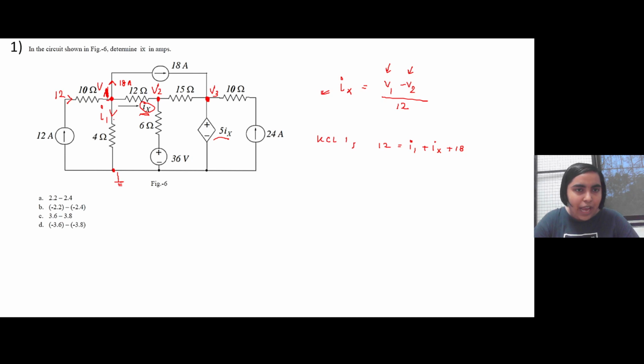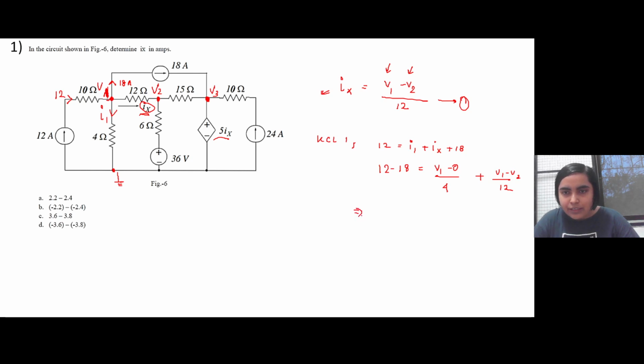So I1 will be V1 minus 0 by 4. So 12 minus 18, let's bring the 18 this side. And what will be Ix? We already have it here. Let's name this equation as 1. So from 1 we can have V1 minus V2 by 12.